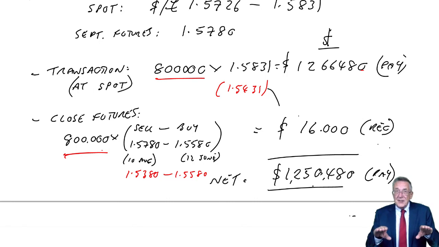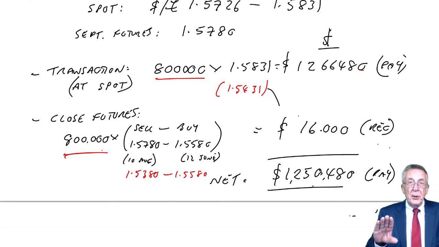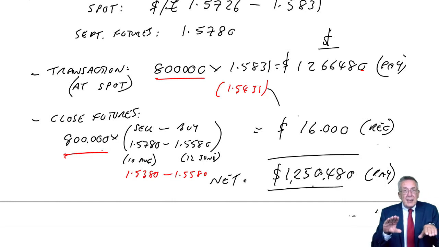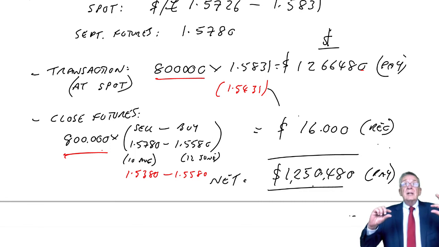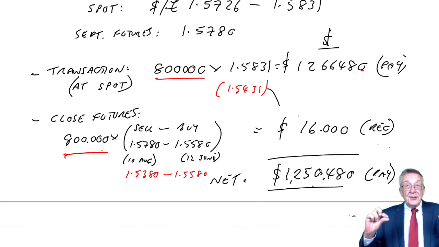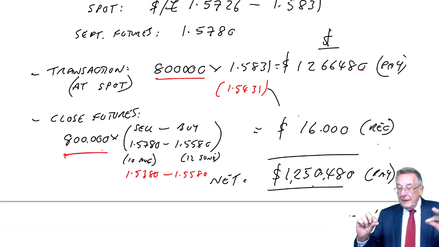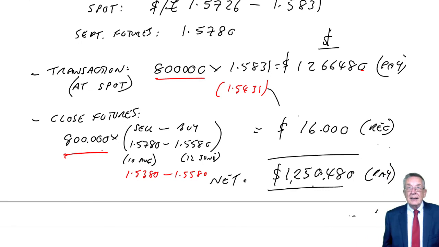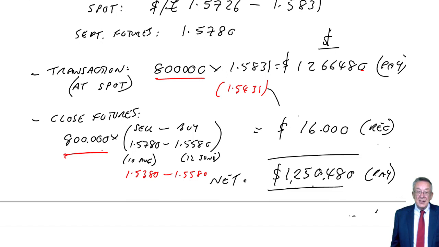In practice, spot might go up by 0.02, futures might go up by a slightly different amount. And I'm sure you can imagine that if they don't change by exactly the same amount, it won't exactly net off the way I've shown it.